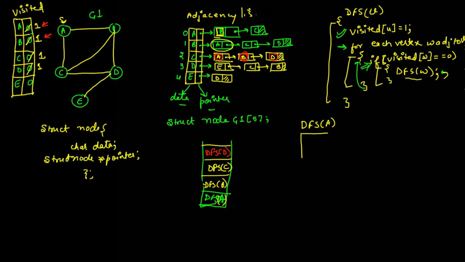So in this case, the first vertex is E. We are going to see the visited value for this E. The visited value is 0, therefore this E is not visited, so we are going to call DFS on this E. When we call DFS on this E, the first operation is to make the visited value 1, and then we see what vertices are adjacent to E. The vertex adjacent to E is D, and you can see in the visited table that D is already visited. So this call will finish for E, and E will come out of this stack, right?